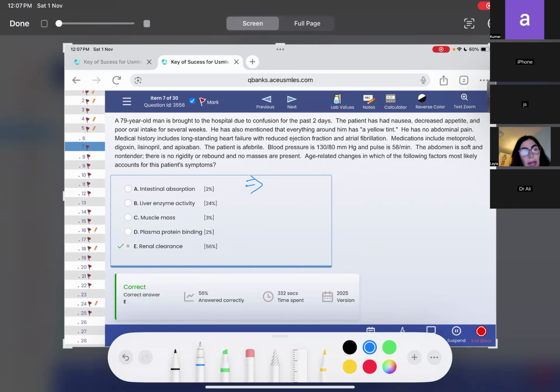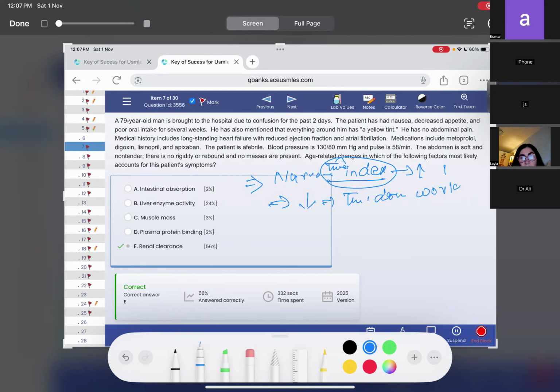What I'm saying is digoxin has a very narrow therapeutic index. When it is given a little below its therapeutic dose, it doesn't work, and whenever a small increase above its therapeutic dose occurs, it will cause toxicity.